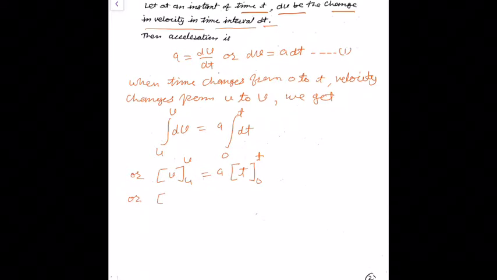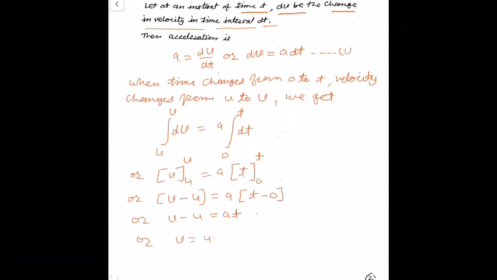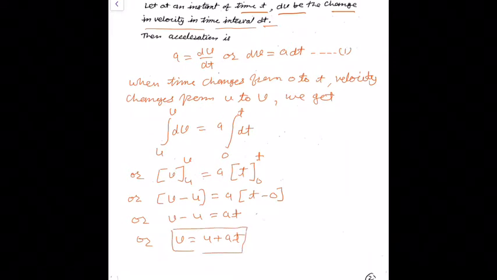Put the value of upper limit in place of v minus lower limit u is equal to a t minus 0, or v minus u is equal to at, or v equal to u plus at. It is the first equation of motion.